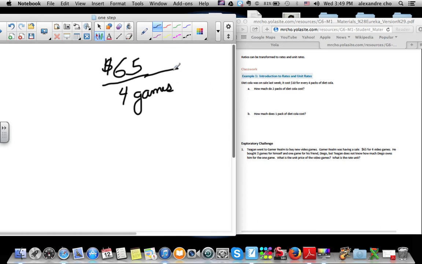So again, you start with the rate, and you're going to go to unit rate. To find the unit rate, it means comparing this to 1 single item, in this case 1 single game. So from 4 to 1 is divide by 4. 4 divided by 4 gives you 1, so you have to do the same thing on top. 65 divided by 4, I have no idea.